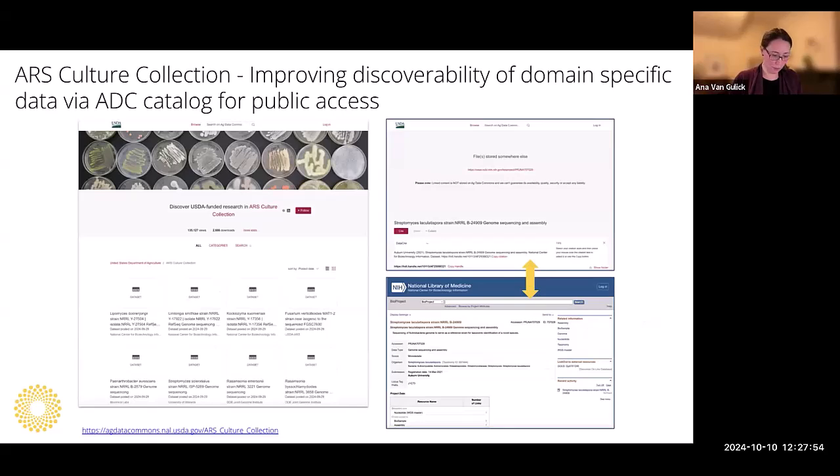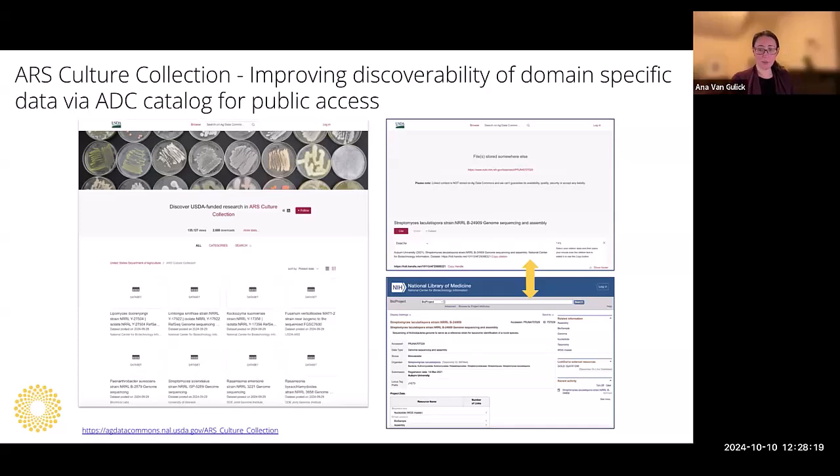They're enhanced with admin metadata and gathered under the umbrella of this ARS culture collection group in Ag Data Commons. So this is one of the features of a Figshare repository, that you can have these groupings and collections within the repository. More than 1,200 data sets have been harvested from NCBI GenBank to capture the results of the culture collection in Ag Data Commons.